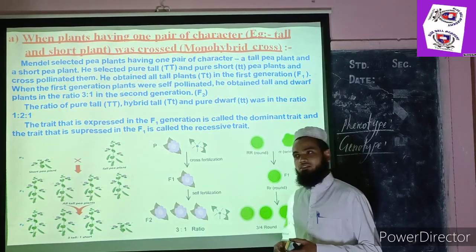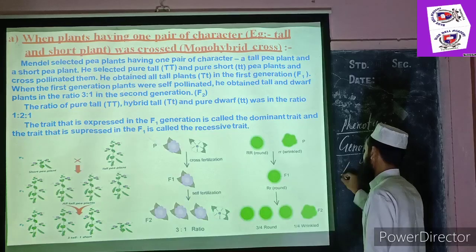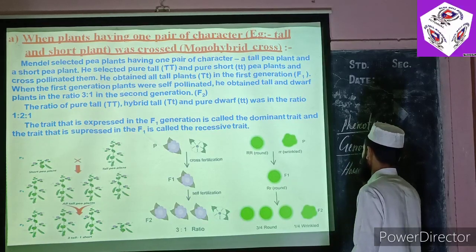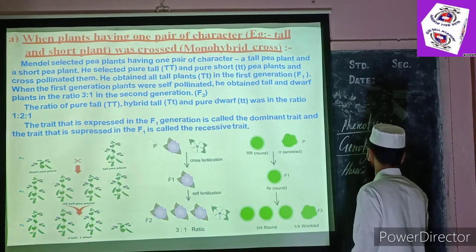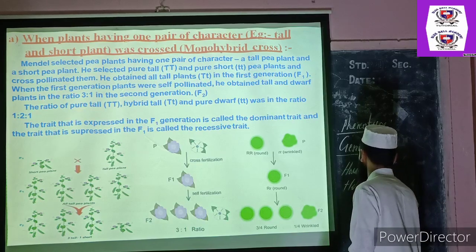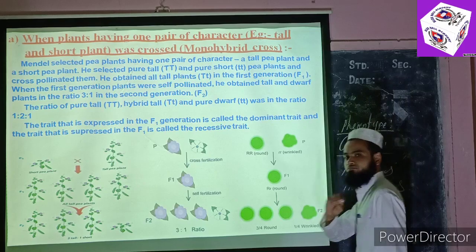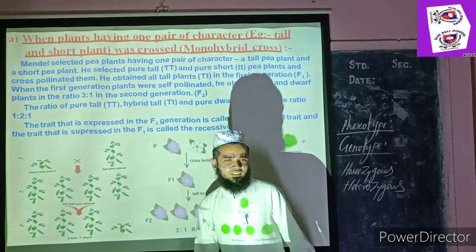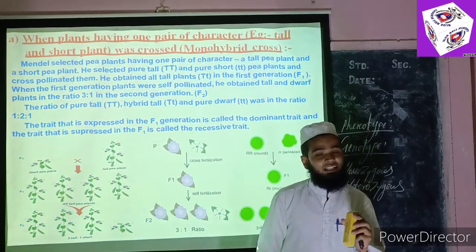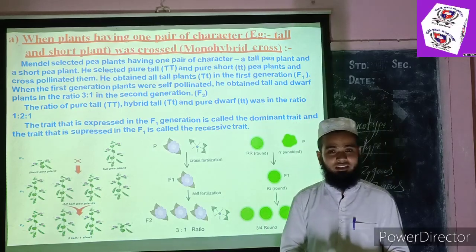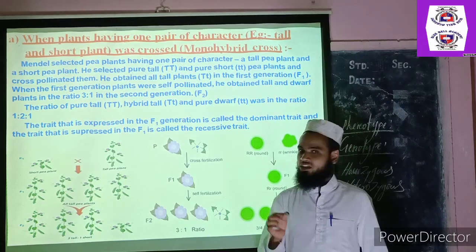Okay. Another terminology we have is homozygous and heterozygous. Homozygous means the characters are represented by similar pairs of genes.